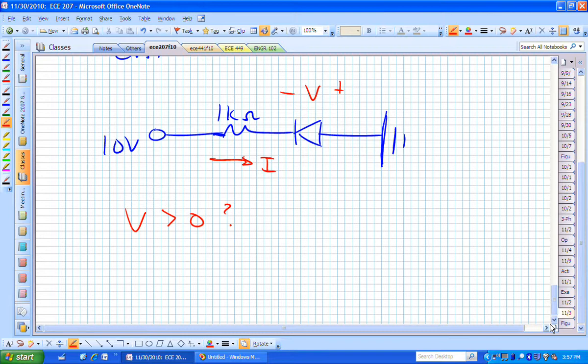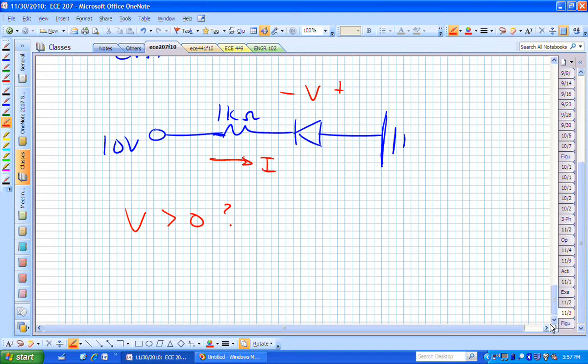What's given, what's unknown? What do you know in that circuit? You have a resistor, that's given, that's 1K. You have a source or a supply, that's given, that's 10 volts. You have a diode, which I haven't told you anything about. Let's just assume it's ideal just to see if things will even work. So we'll assume it's an ideal diode.